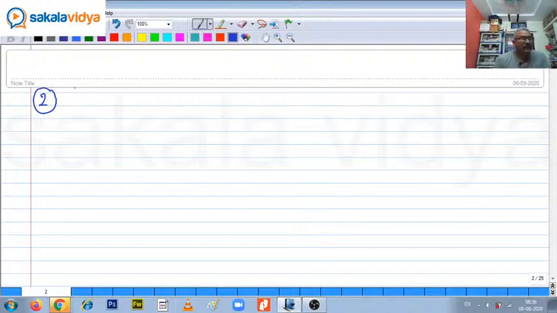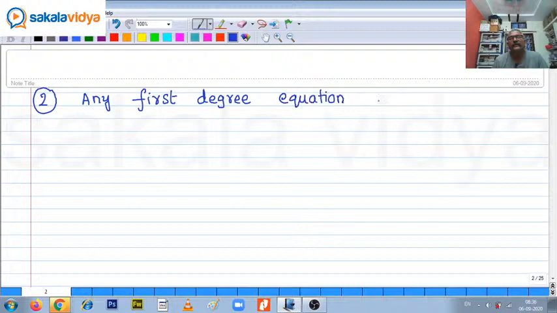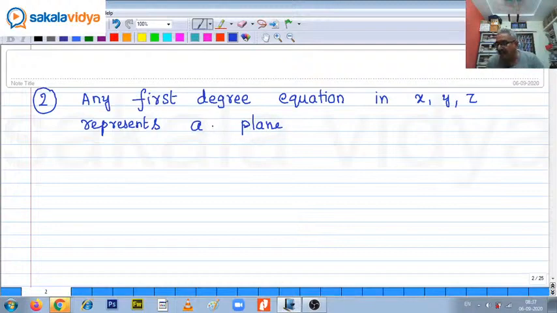So the second one: any first degree equation in x, y, z represents a plane.